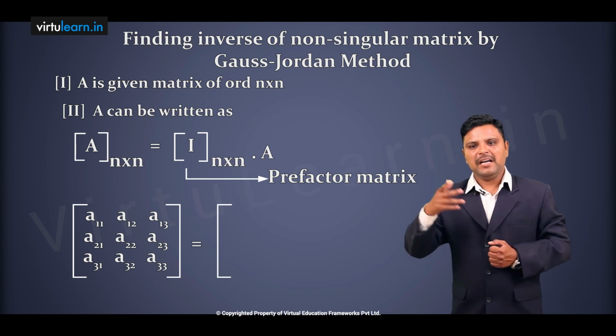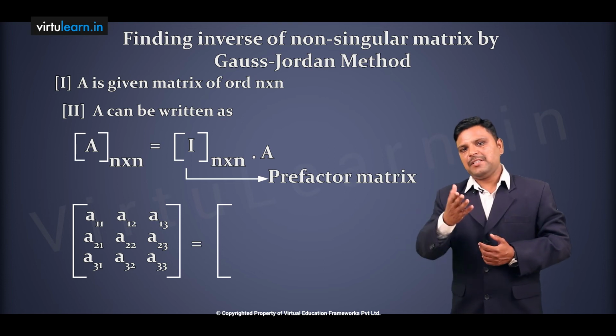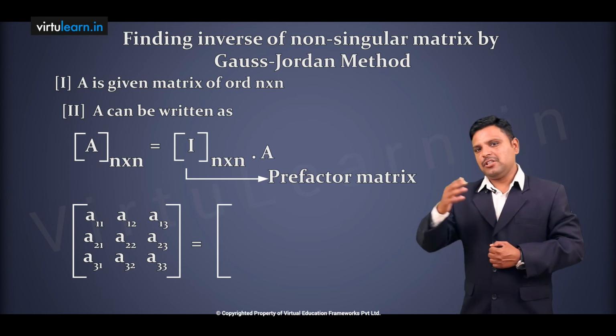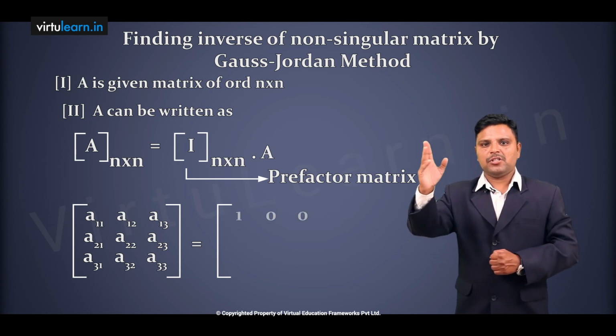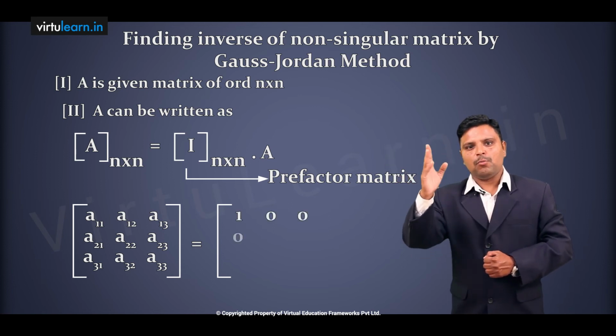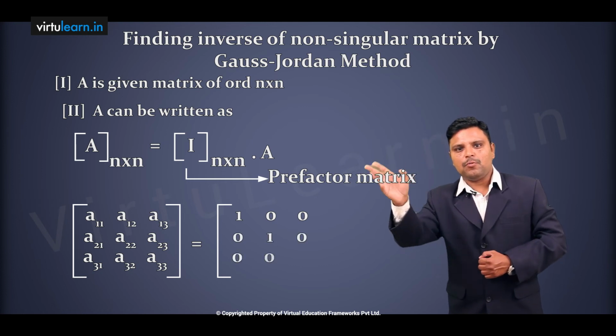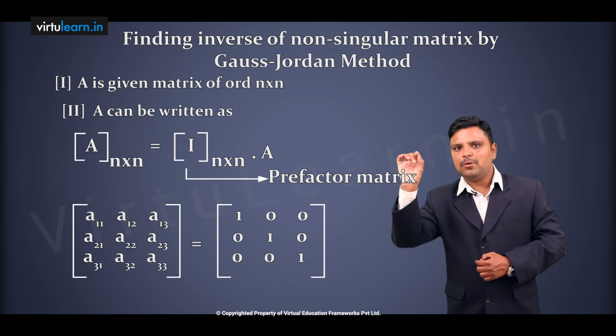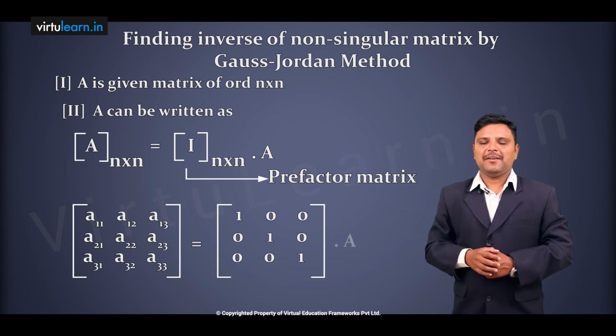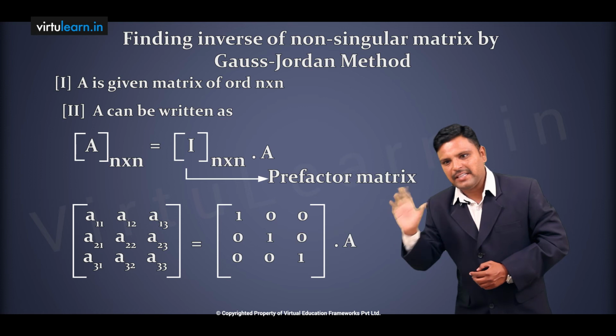If it is n by n, the identity matrix is also n by n. Here I have taken 3 by 3, so this is also a 3 by 3 matrix: 1, 0, 0; 0, 1, 0; third row 0, 0, 1. Now, into just the letter A, which means A is there everywhere like that.